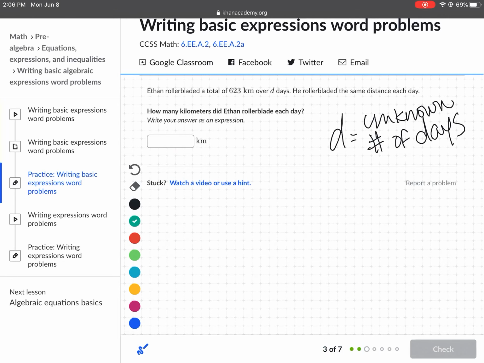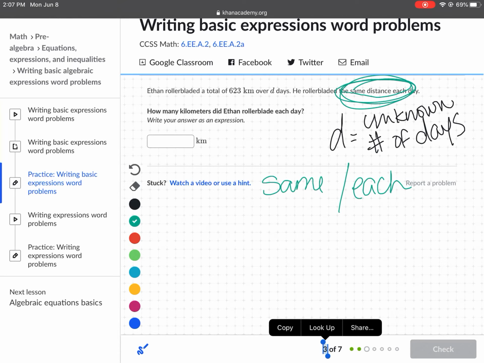And so some keywords that I'm looking at here are same and each. When I'm thinking of same and each, I'm thinking of breaking these things up evenly. I'm breaking up so each day has the same amount. And so to me, that sounds like that would be division.